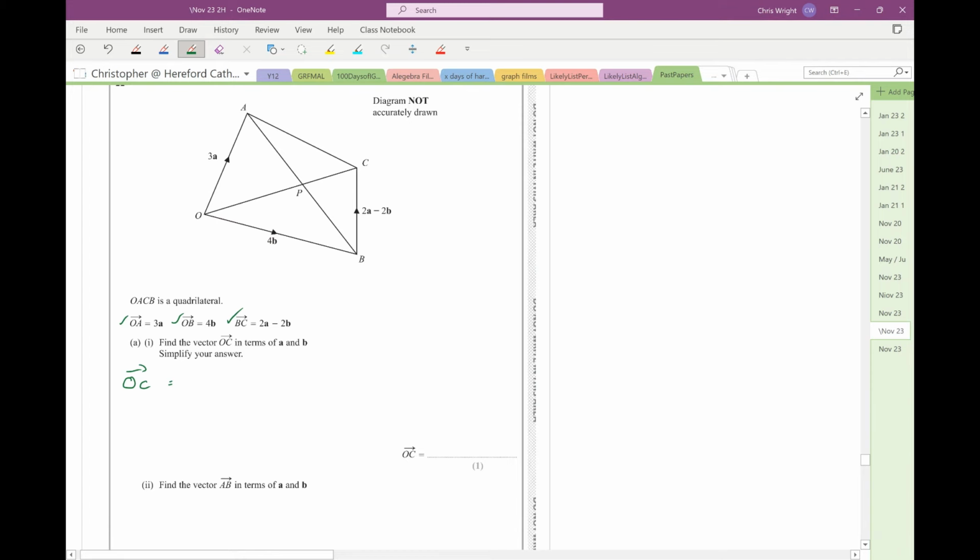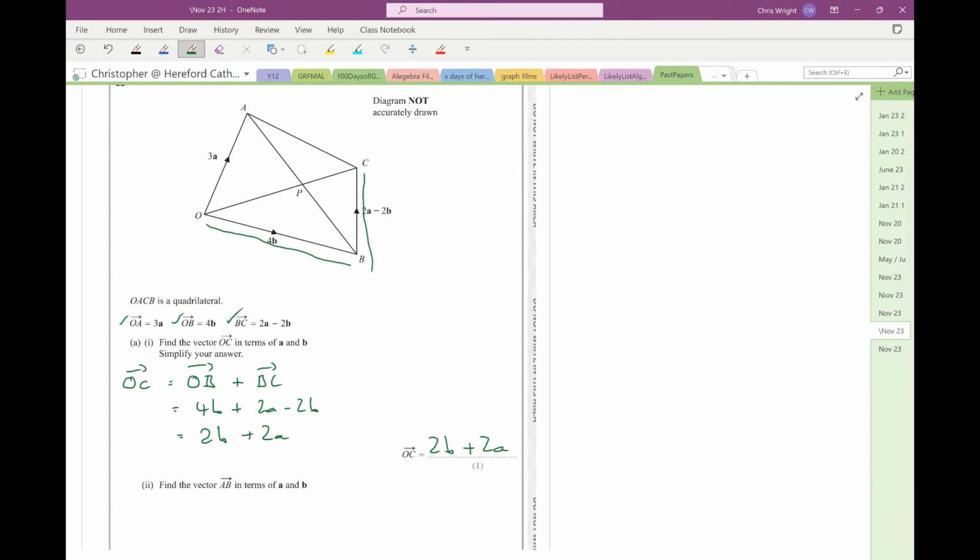So to go from O to C, I'm going to go O to B and then B to C. So I'm going to write equals OB plus B to C. So that's 4B plus 2A minus 2B. And so if I simplify my answer, as I'm asked to do, I get 2B plus 2A. And that is the vector OC.